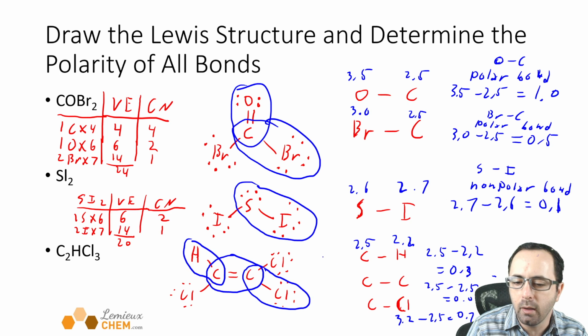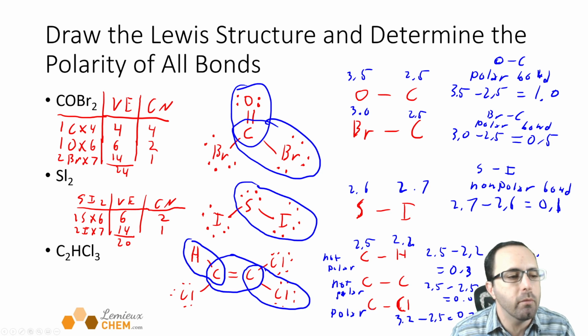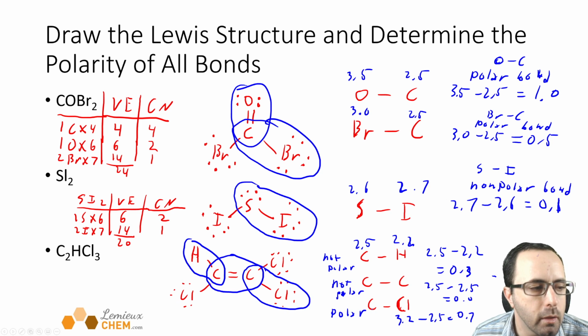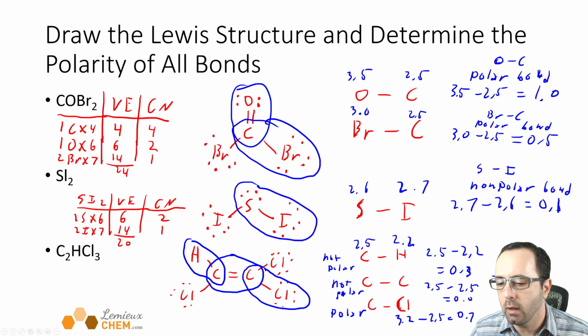So the carbon-hydrogen bond is not polar. The carbon-carbon bond is not polar. And the carbon-chlorine bond is polar. So if you have more than one type of bond in your molecule, you need to figure out what bonds are in there and then figure out what each of their polarities is.